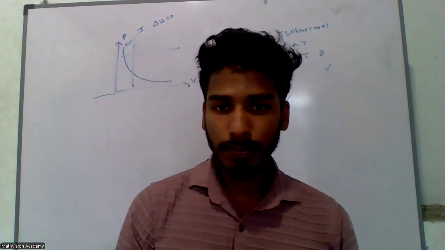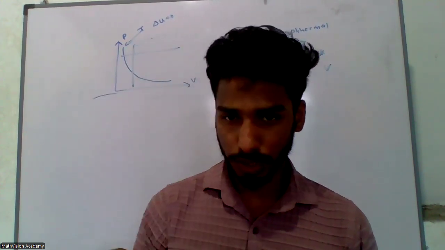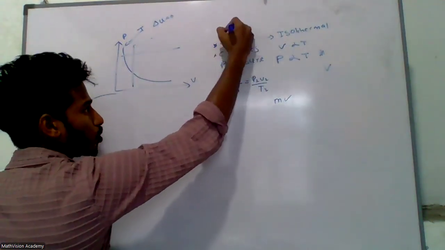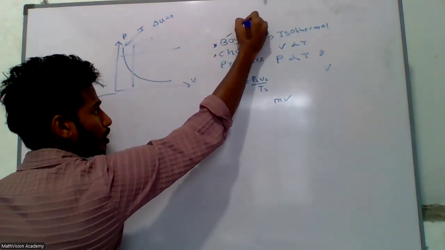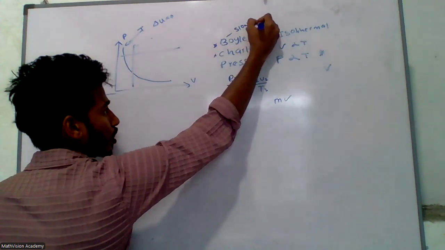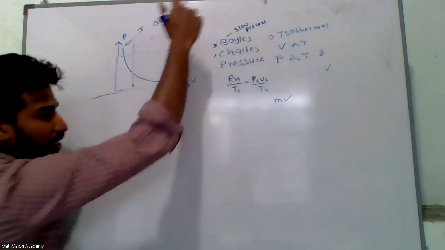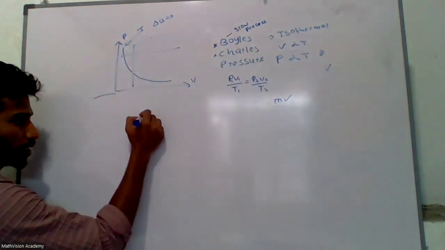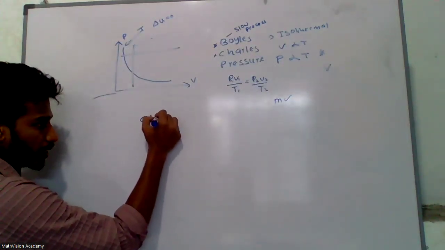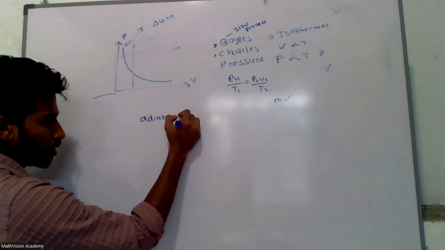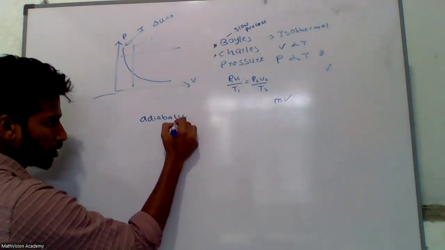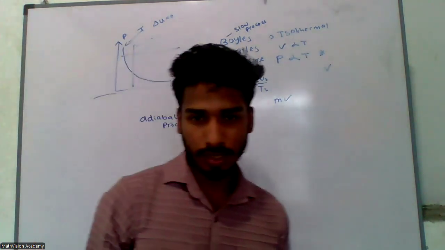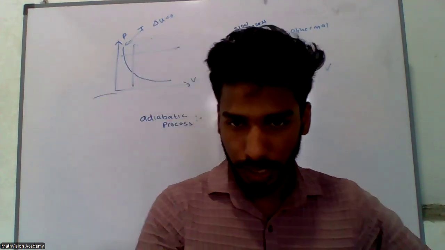Now what does the adiabatic process say? It is a quick process. Just get the understanding. Isothermal is also known as a slow process, where there is no change in temperature. But adiabatic processes are called quick processes, which take place quickly.